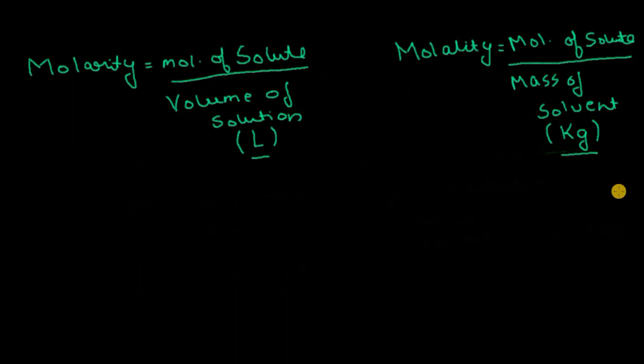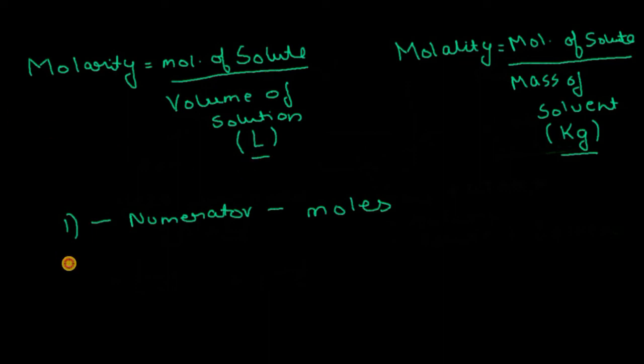Now while solving the problems, which we will be seeing in the next video, we want to make sure that no matter what data is given in the problem, you're always going to bring the data into two forms. The first is that the numerator for both of these will be in terms of moles. So if they have given you grams or something else, make sure that you first convert it to moles and then input the values in the formula.